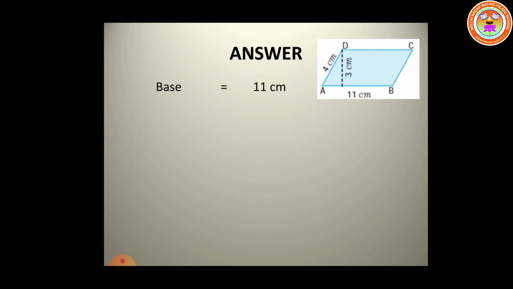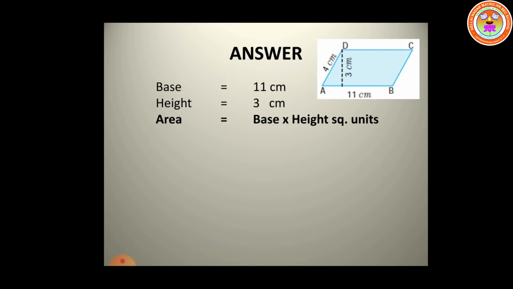Base equal to 11 centimeter, height equal to 3 centimeter. What we have to find? Area and perimeter. First, area. Area equal to formula base into height square units. What is the formula to find area of a parallelogram?